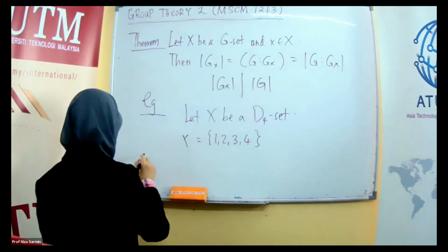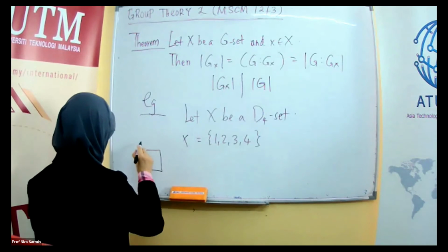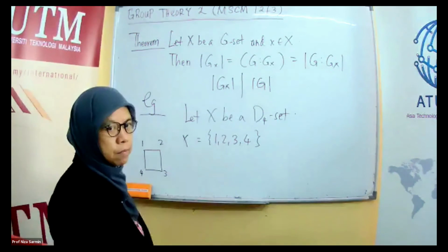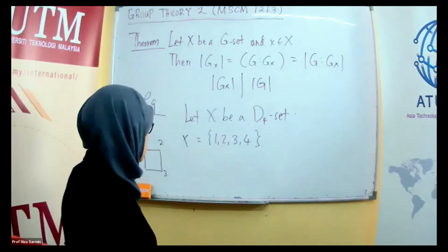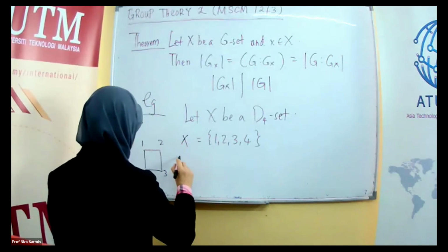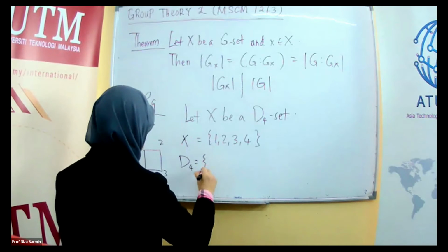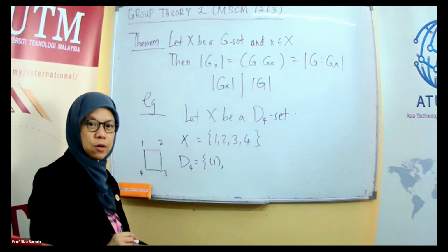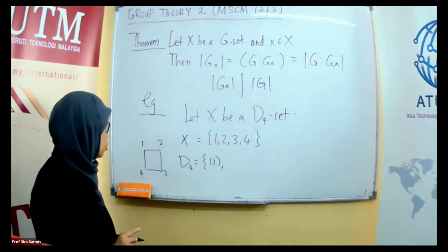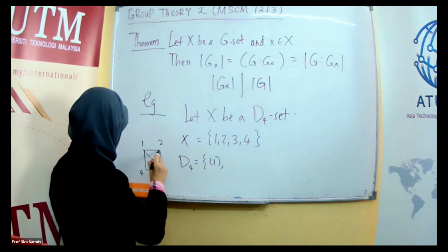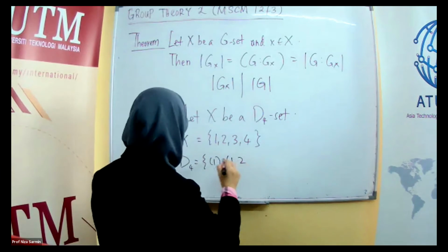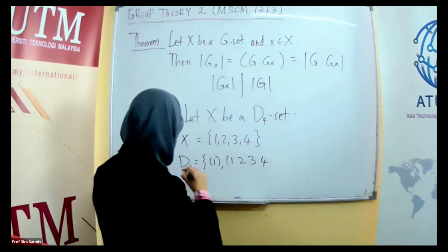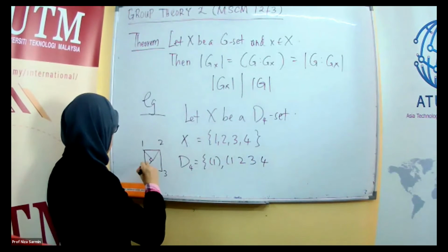Okay, this is the dihedral group, right? I want to write the dihedral group in terms of permutations. First one is R0. Then R90 is a rotation: 1 goes to 2, 2 goes to 3, 3 goes to 4, 4 goes to 1, right?